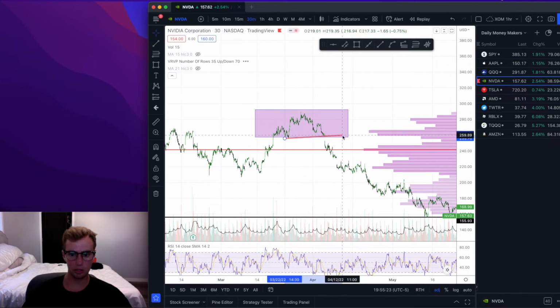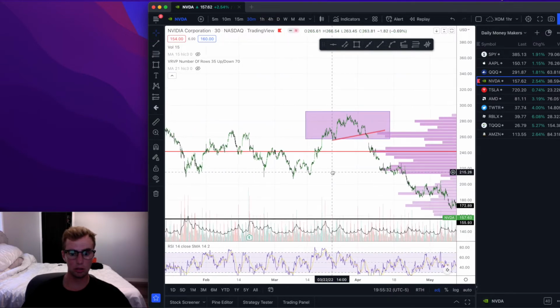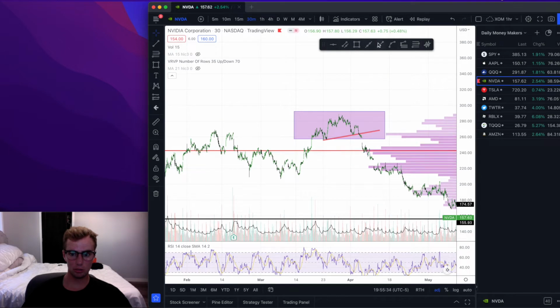You could also say straight across, but a lot of times the necklines are not straight across. A lot of times they're diagonal. So here is another one right here, right? So this was that falling wedge, kind of that broadening type of wedge, something like that. And then you had the nice push.